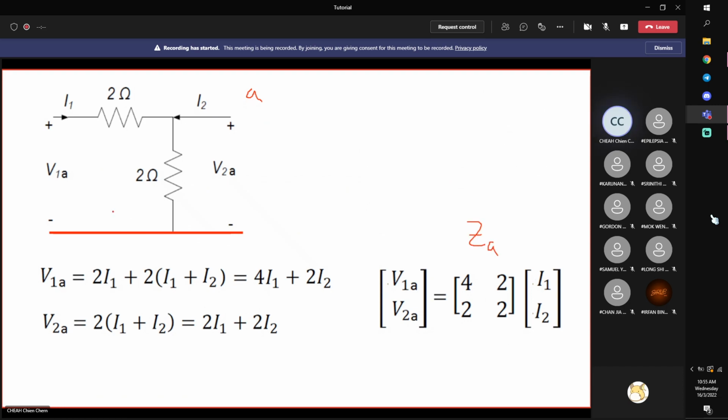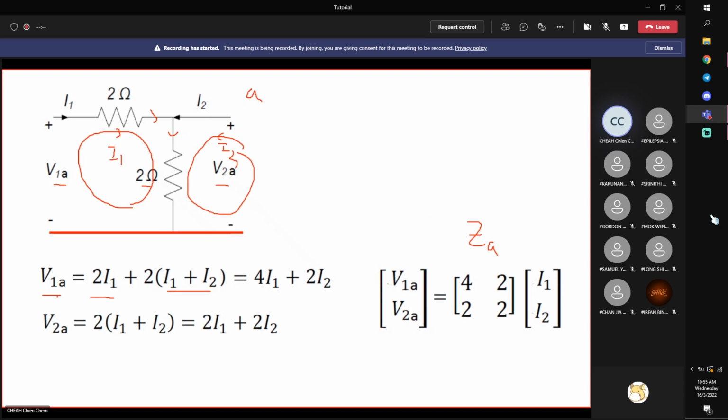The rest is the same as what we have done previously. Apply circuit analysis, for example, mesh analysis. This is I1, this is I2. Then I write down two equations, in terms of the four variables, except that now we use V1A, V2A. V1A is equal to the voltage across the 2 ohm resistor, 2I1, plus the voltage across this 2 ohm resistor with the current I1 plus I2, since inflow I1 and inflow I2 equal I1 plus I2 outflow.